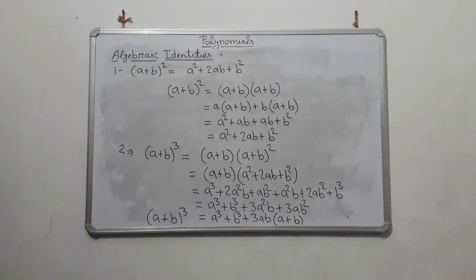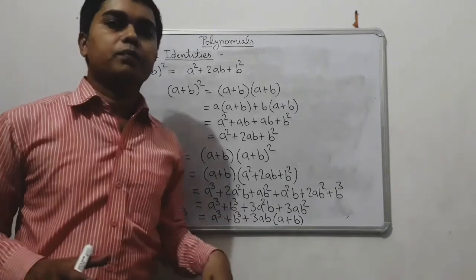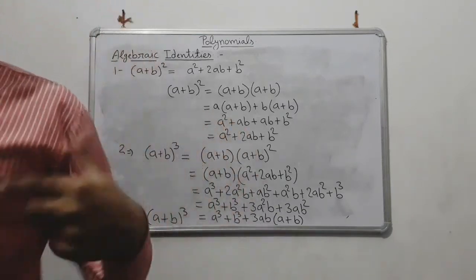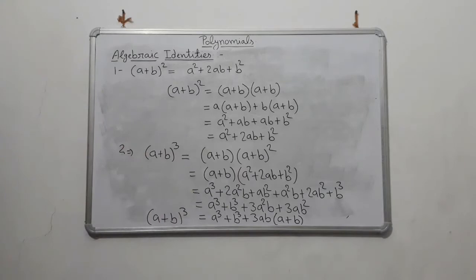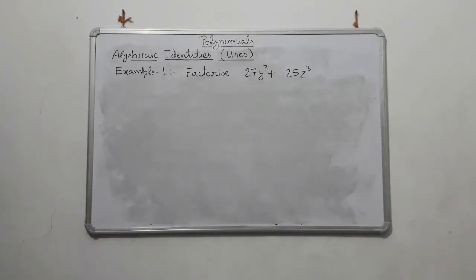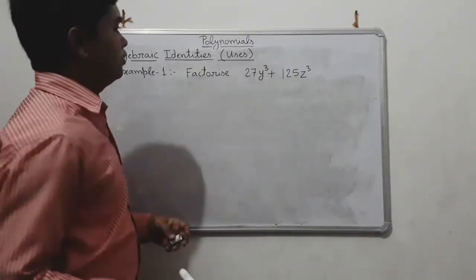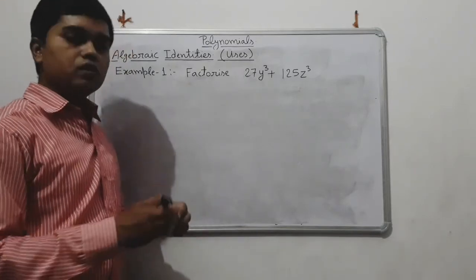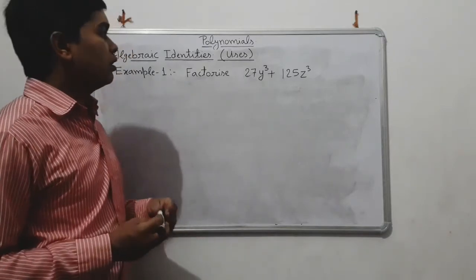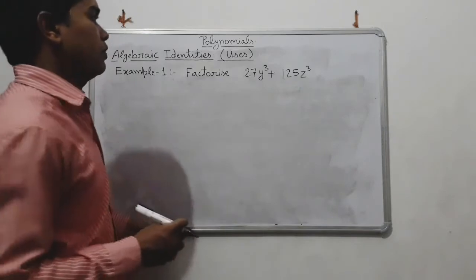So similarly all the identities we can prove by these methods. Okay, children, now we will see how we can use algebraic identities for factorization of a given polynomial.